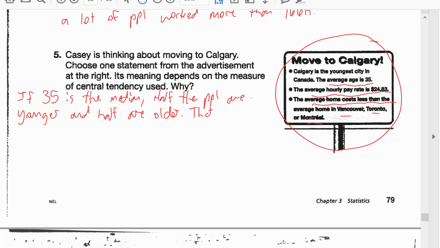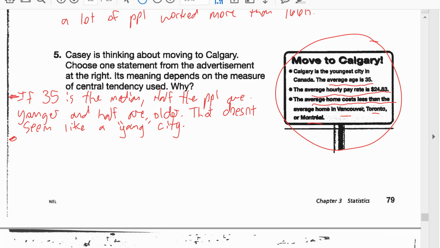That doesn't seem like a young city, right? They use the median. 35 is the middle then. So half are younger or half are older than 35. That actually means every second person you'd run into would be over 35. So that's kind of old.